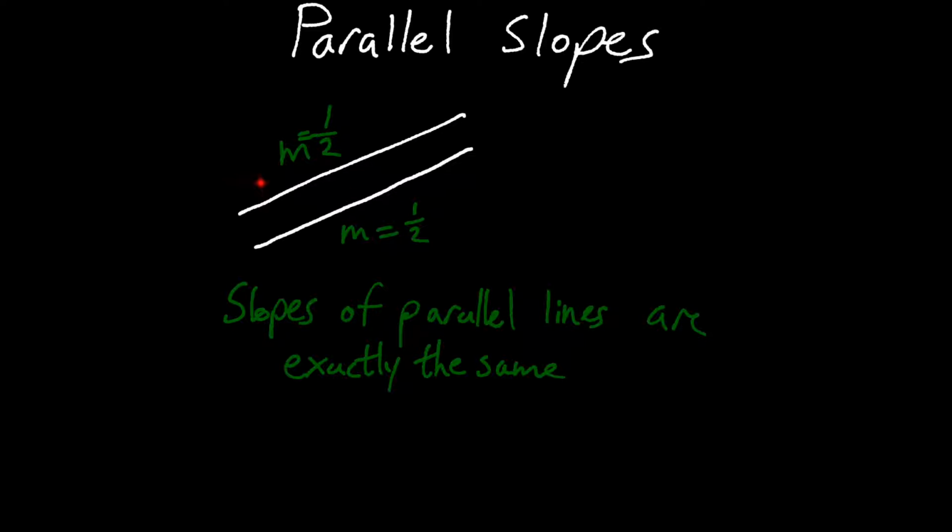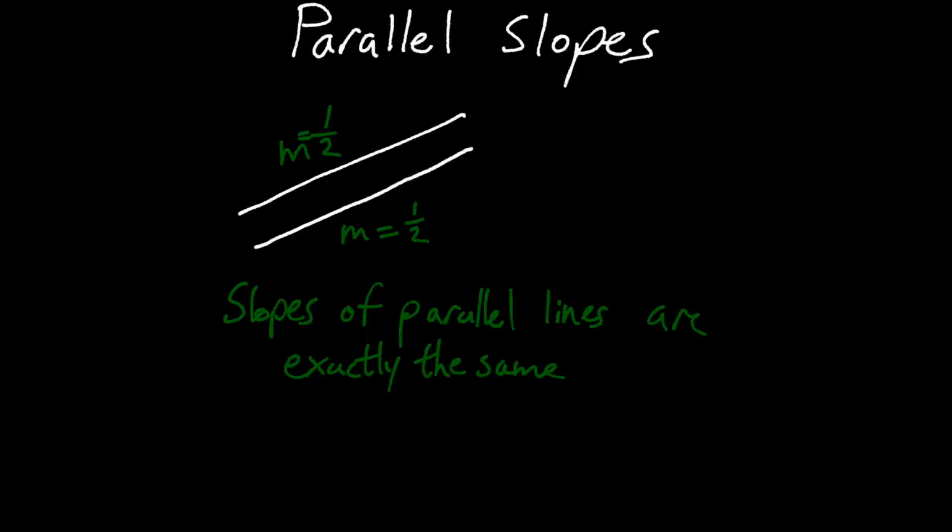If this one goes up 1 over 2, this one has to go up 1 over 2. Otherwise, they would not be parallel. They would eventually get closer and closer until they intersected and they would cross. And then the line that was on the bottom would suddenly be on the top, and they would no longer be parallel slopes or parallel lines. So, in parallel lines, both of them have exactly the same slopes.